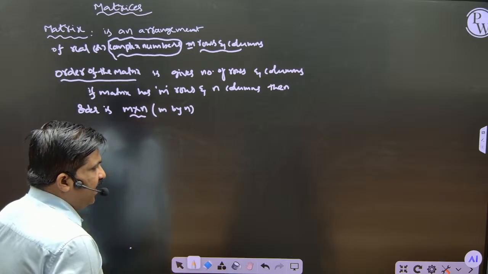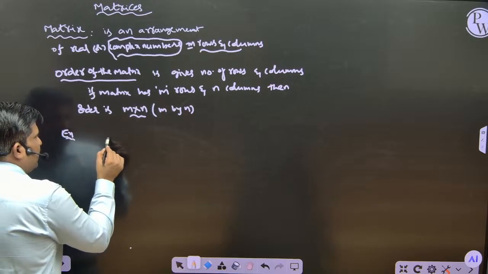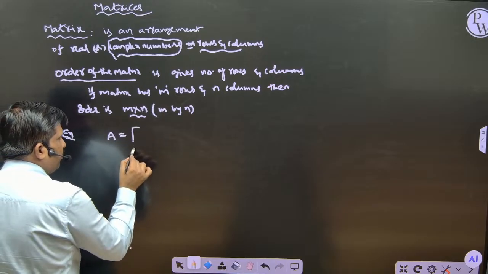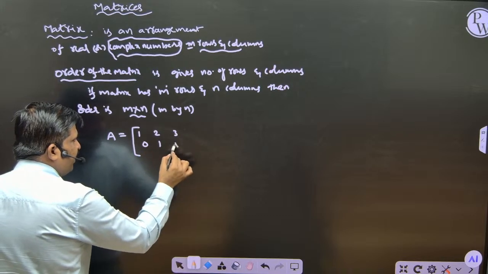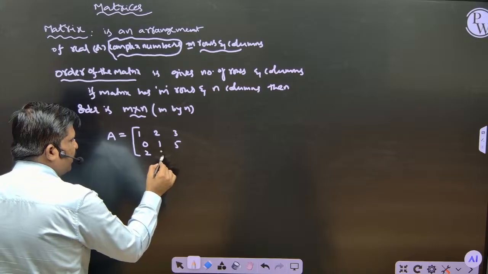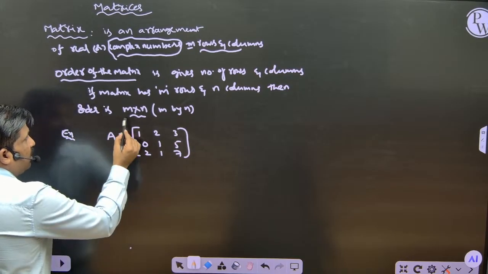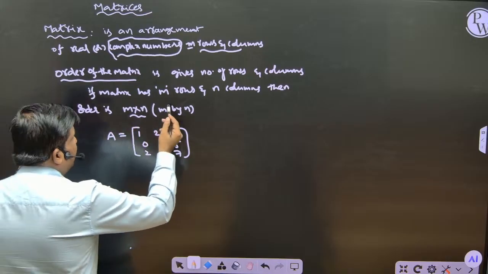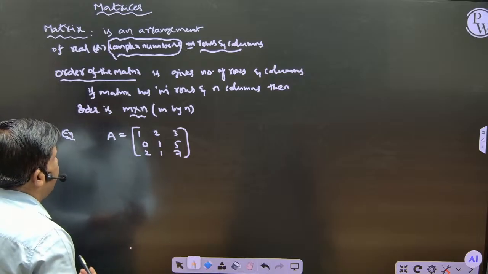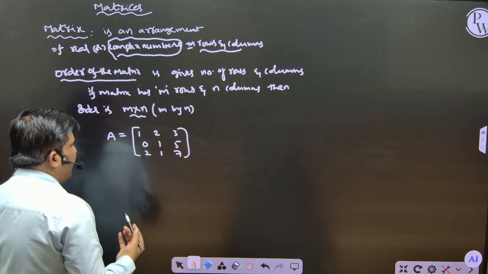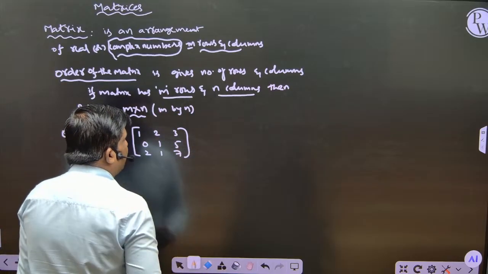The example you see here: A is the matrix 1, 2, 3, 0, 1, 5, 2, 1, 7. So what is the order? If the matrix has m rows and n columns, then the order is m by n, where m is the number of rows and n is the number of columns.